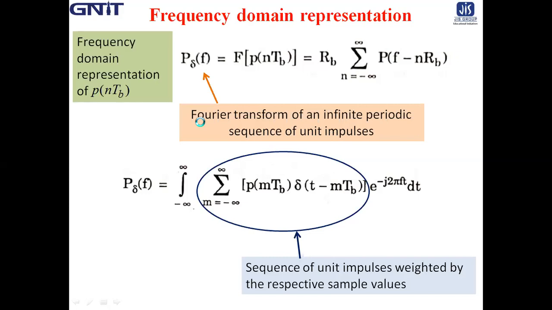Therefore, P_δ(f) is equal to the integral from minus infinity to plus infinity of summation over m equal to minus infinity to plus infinity p(mT_b), just simply the Fourier transform, δ(t − mT_b) into e to the power minus j 2 pi f t dt.